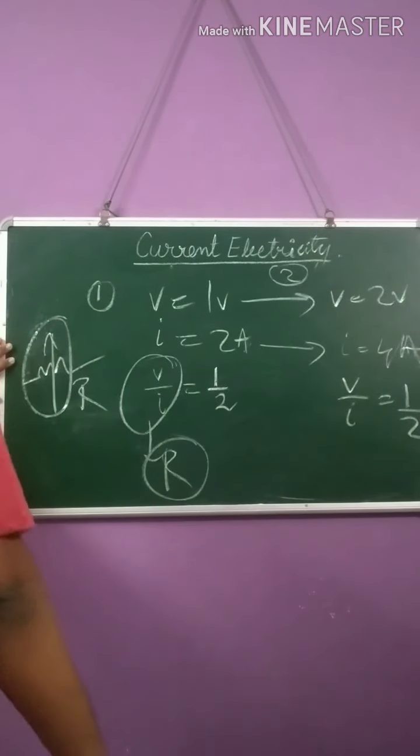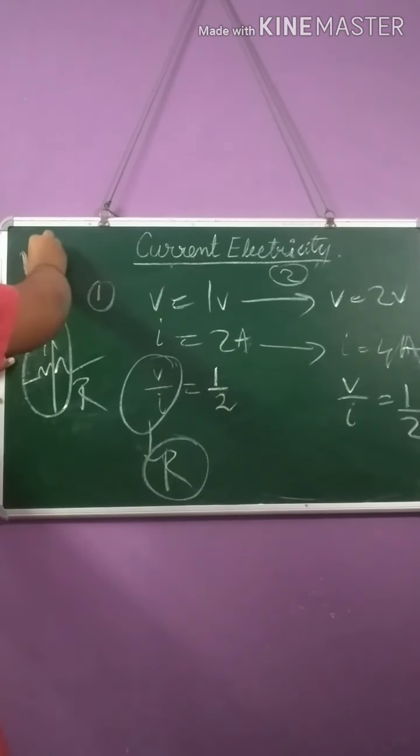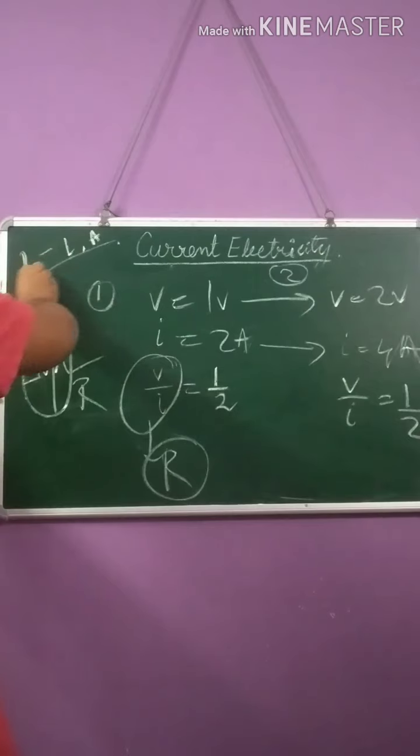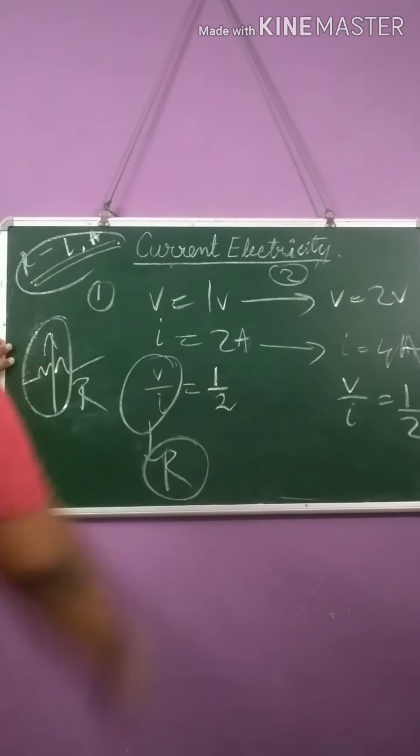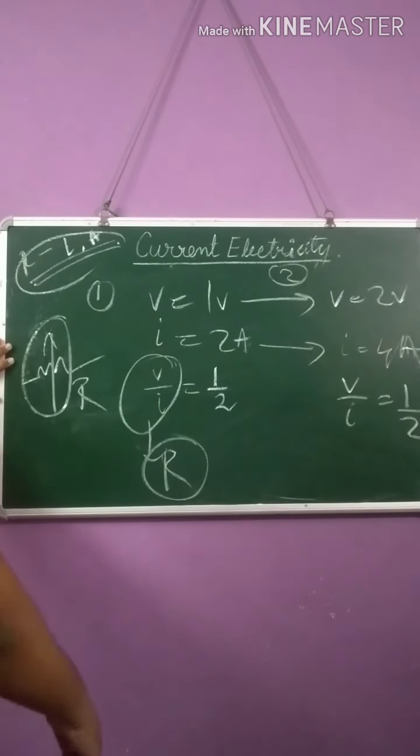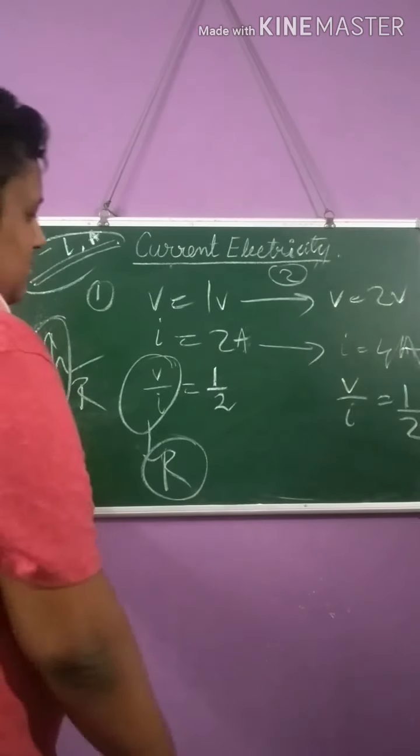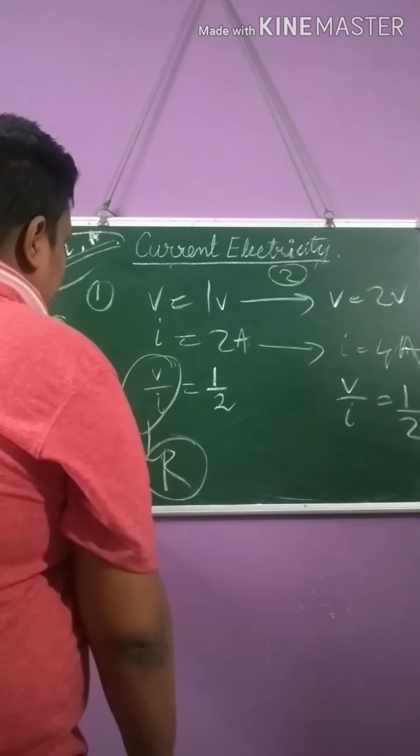Later you will learn that R also depends on the length and area of the conductor, but only by changing the potential difference you cannot change resistance or current.